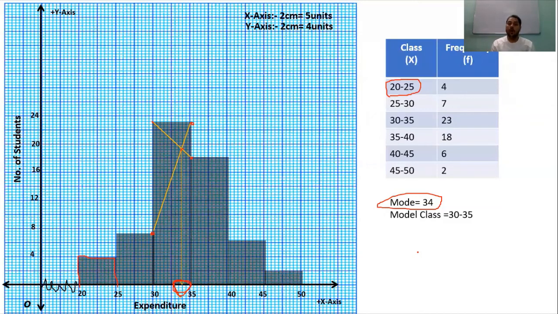And for your mode, you have to draw a histogram. After drawing the histogram, join the extreme corner of the biggest bar with the extreme corner of the succeeding and preceding bar, and it will give you a cross point. From that cross point drop another line. It will give you the mode. So in this way you can find the mode and median of the given distribution.